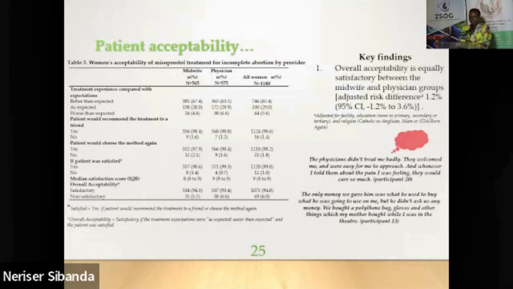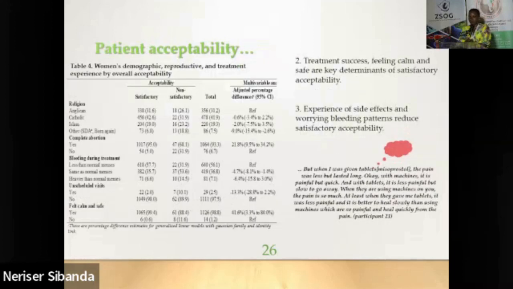And generally 94% of the participants had satisfactory acceptability, and the acceptability was equivalent between the midwives and physicians groups.